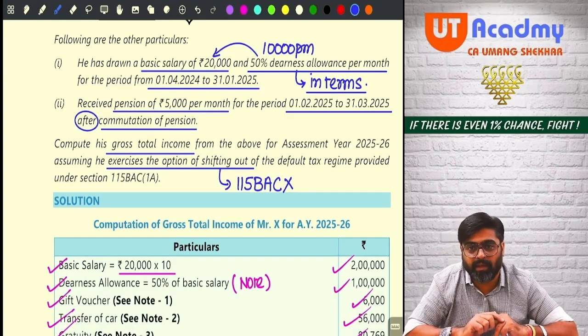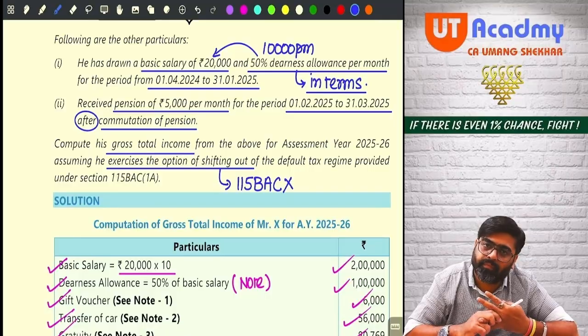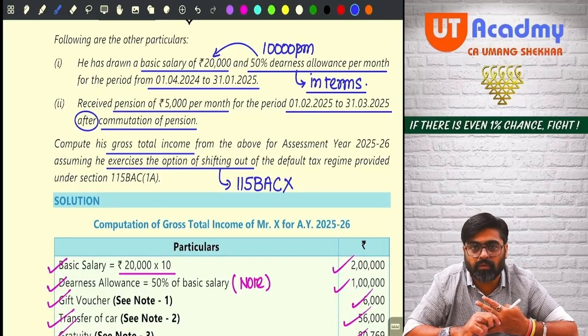forming part of salary to compute the retirement benefits.